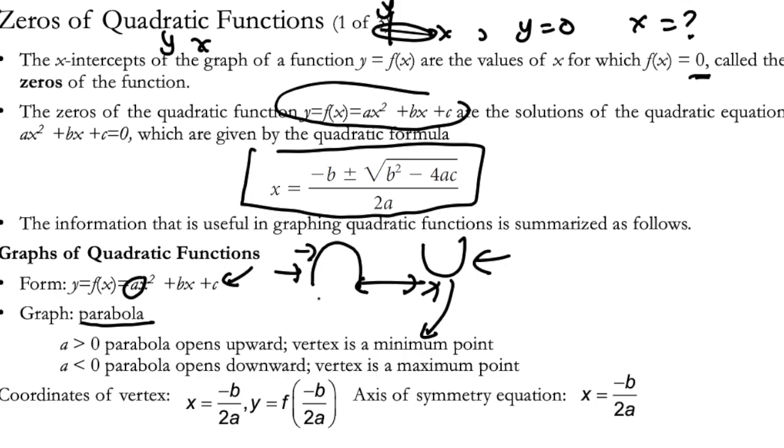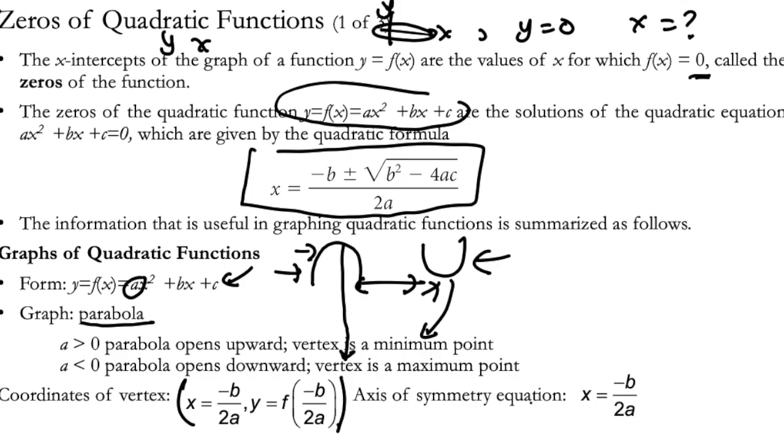It is an inverted U, then the vertex is specifically the maximum point. The vertex, maximum and minimum in general, like I said, are called optimum values.